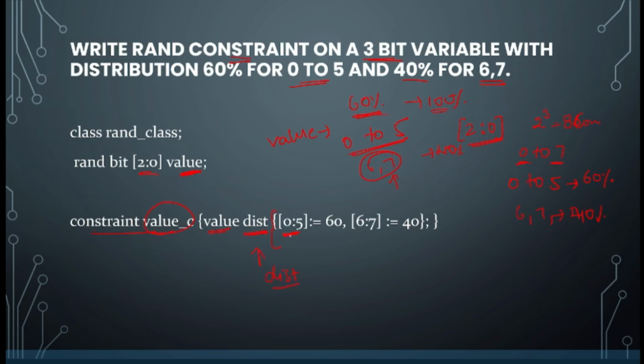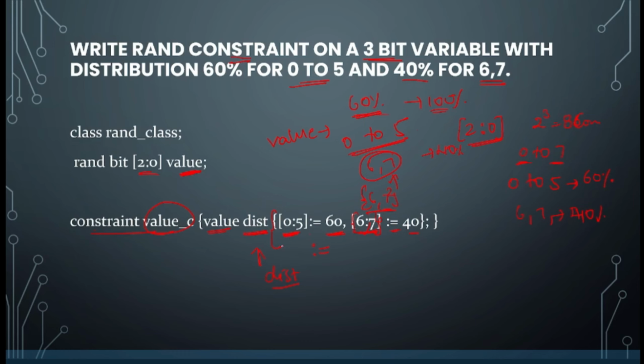For 0 to 5 it will be colon equal to 60, that means 60 times, and for 6 and 7, either you can write 6 down to 7 or you can just use the concatenation operator within this, like 6 comma 7. In this way also you can write. For 6 down to 7 it should come 40 times, semicolon, end. So in this way you should distribute that particular variable.